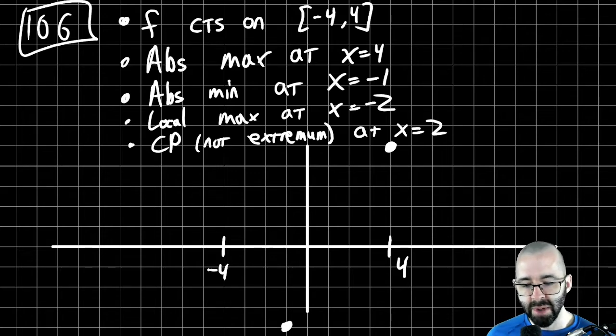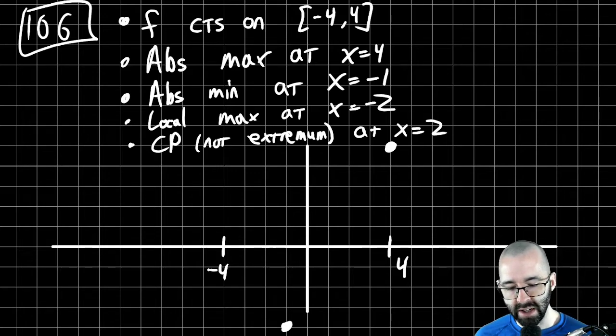So next up, there has to be a local maximum at x equals negative 2. So there's a local maximum here at this x coordinate. There's a couple ways that could appear. You could incorporate that at x equals negative 2. You could have it be something like this.